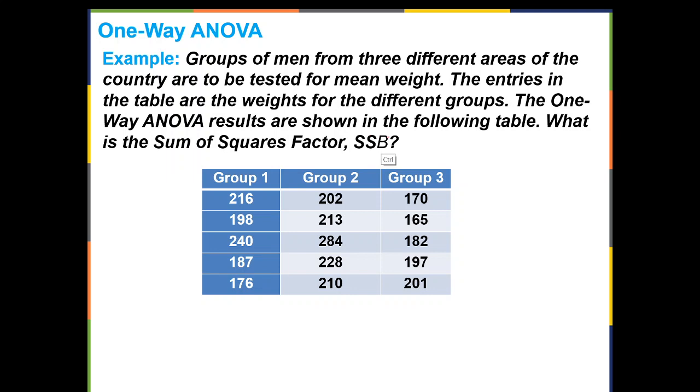What is SSB? So you don't have to do this test, you just have to find SSB. Well, to find SSB, you can use the calculator, right? So stop the video and put these numbers in your calculator in L1, L2, L3. All right, now assume you did that.